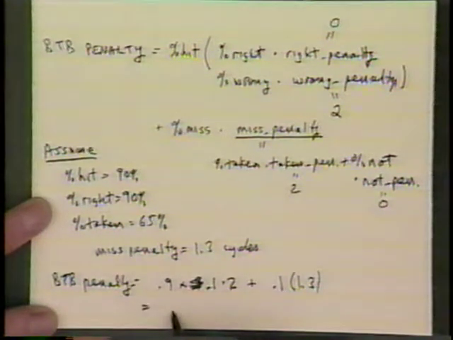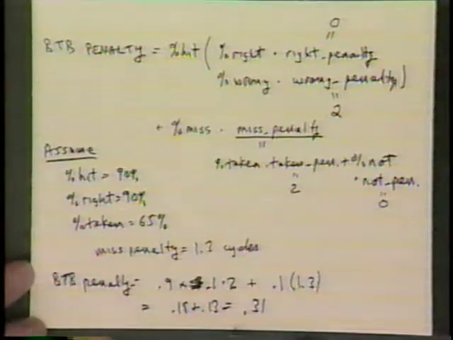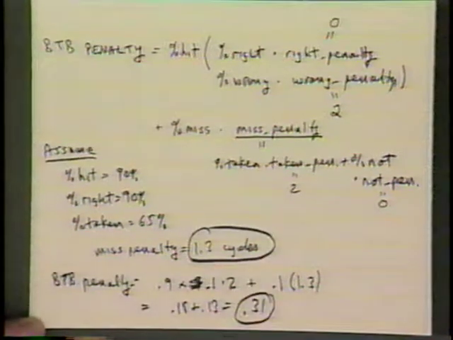So the total is 0.18 plus 0.13, or 0.31 cycles. Compared to, without the branch target buffer, 1.3 cycles. So we basically shaved an entire cycle off the penalty for branches.